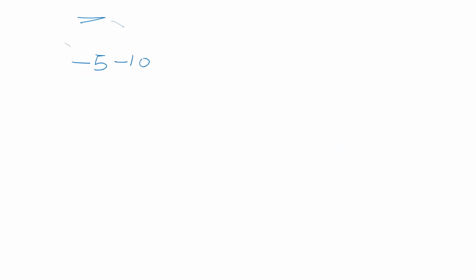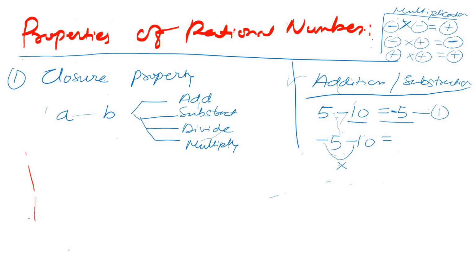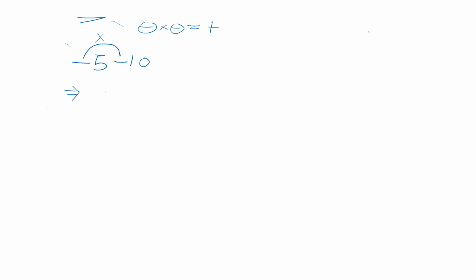We know that when minus is multiplied by minus, we get a positive sign. We just discussed this a moment ago. So between 5 and 10, there will now come a sign of plus.